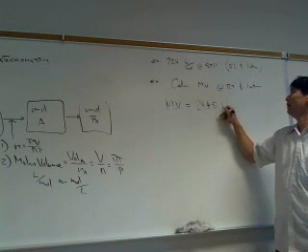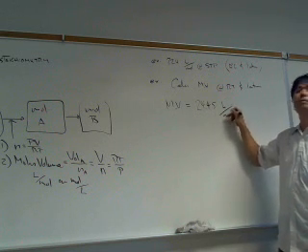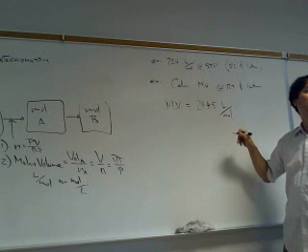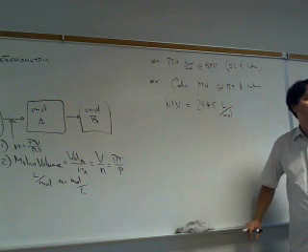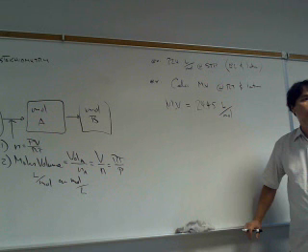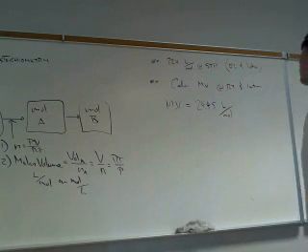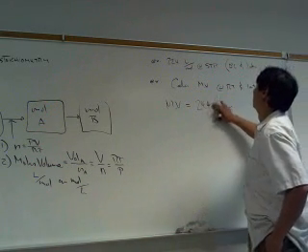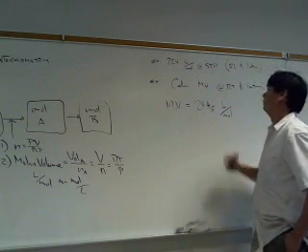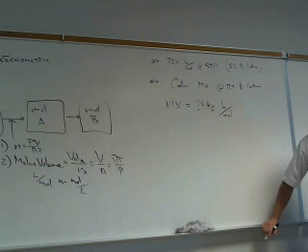24.45 liters per mole. What do you use for room temperature? 298 Kelvin. It's supposed to be 298.15. 298.15 is what you got?